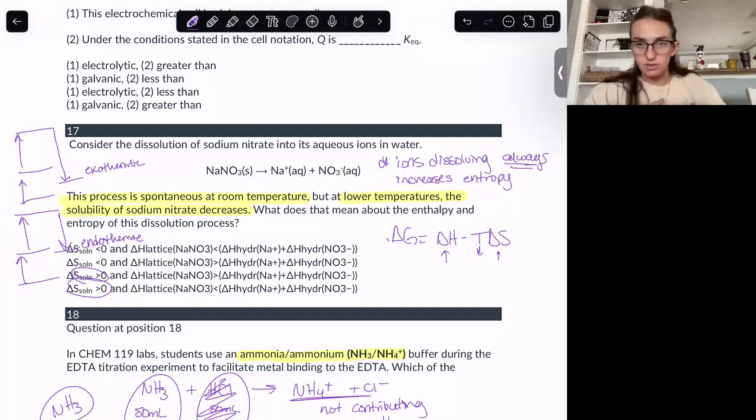If it dissolves and is endothermic, it's still dissolving, and that is increasing entropy to overcome the value of delta H. The energy is overcome by the disorder created with the dissolving of the ions.